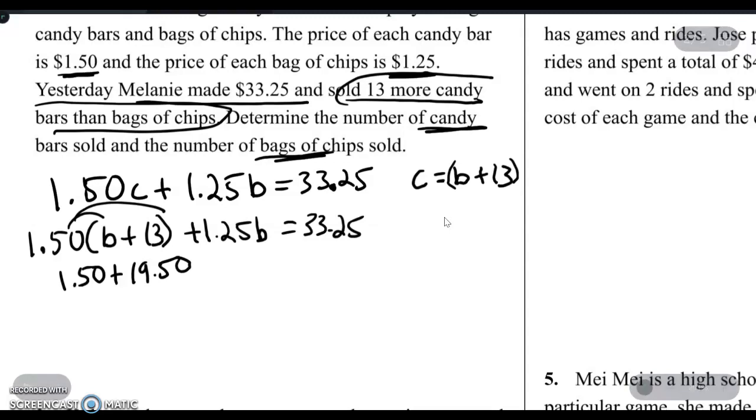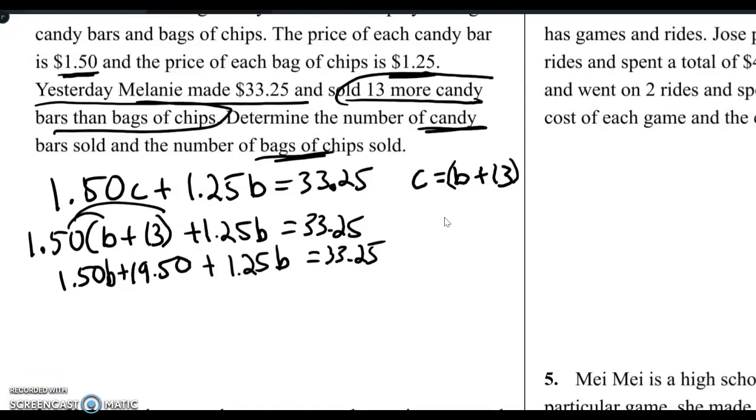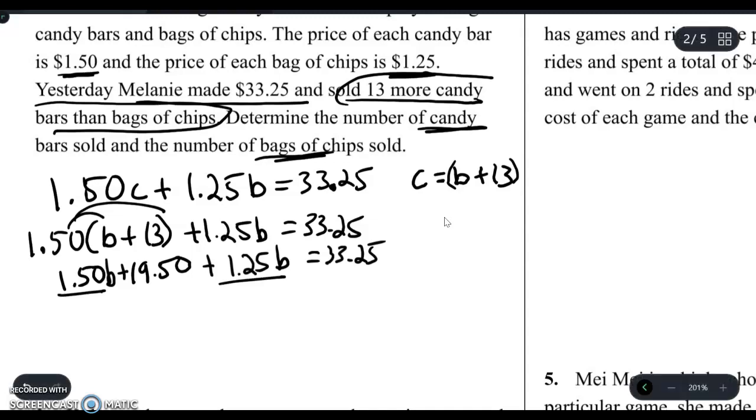I left off the B here. Bring down the 1.25B equal to 33.25. Now we're going to add like terms, 1.50B and 1.25B, so we'll get 2.75B.